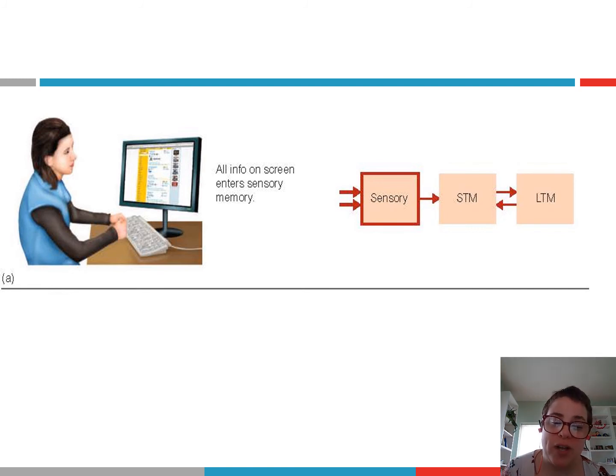So in this case, we're talking about Rachel's iconic sensory memory. So she logs on to papajohns.com or Pizza Hut or whatever her favorite website is, and all of the information on the web page on her computer screen is going to be registered in her sensory memory.